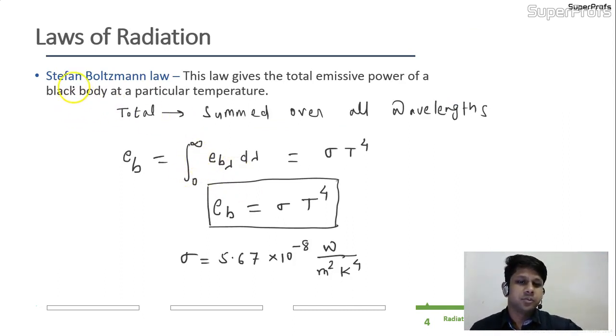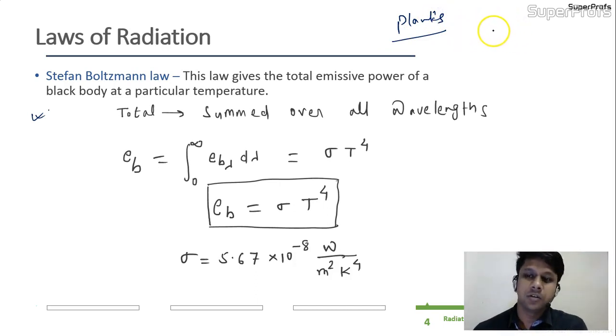Now see, this is the Stefan-Boltzmann law. As I told you, in Planck's law we get the monochromatic emissive power of a black body, or the emissive power of a black body at a particular lambda.